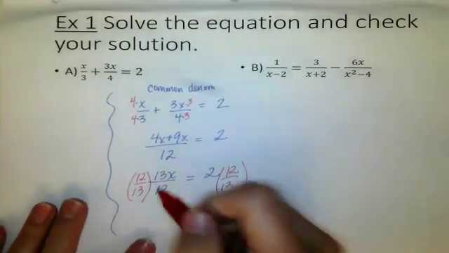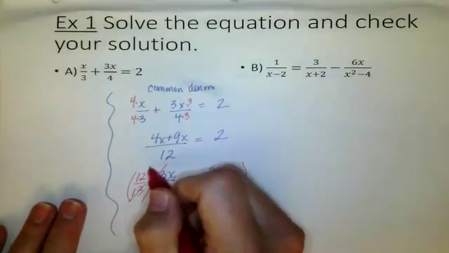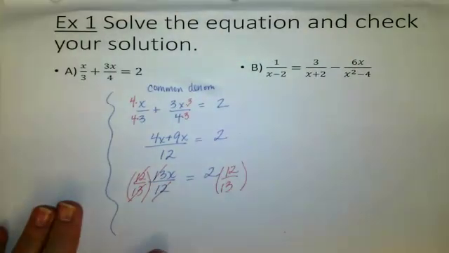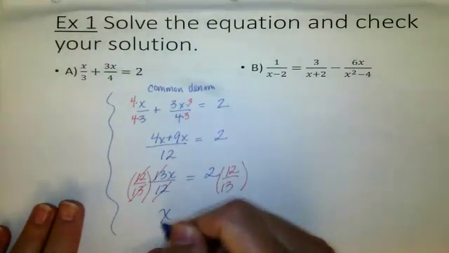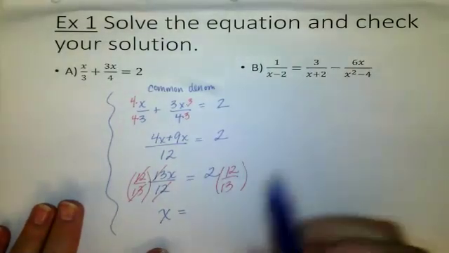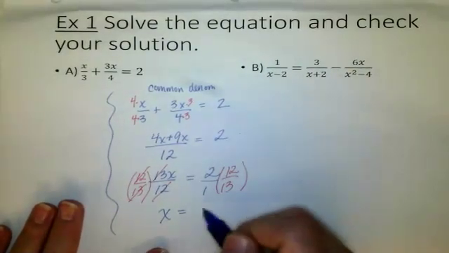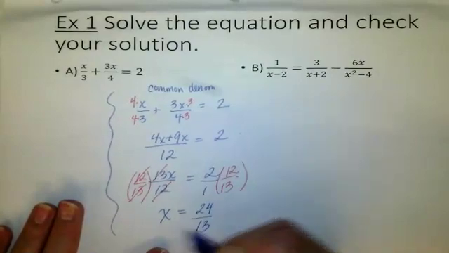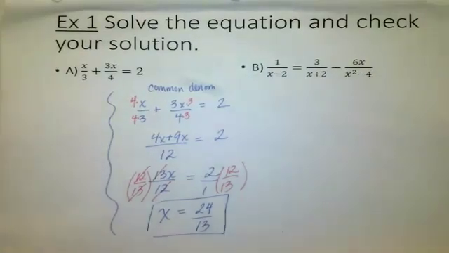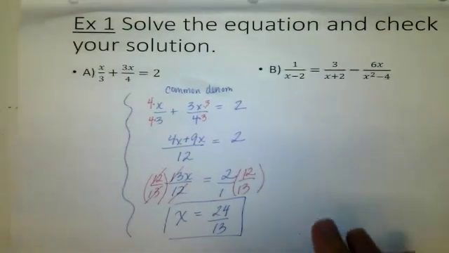So 13 on top and 13 on bottom reduce, and the 12s would reduce, and I'm left with 1x, which is equal to 24 over 13, which is a perfectly wonderful answer. Okay? Don't be scared of fractions. They happen more often than integer answers.